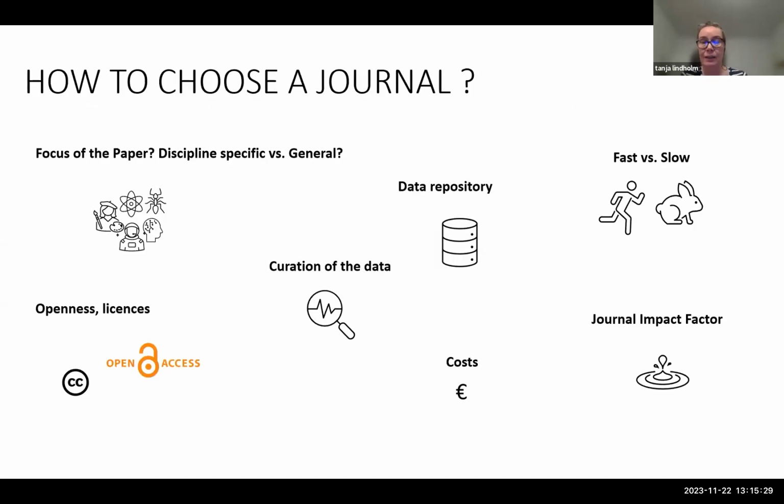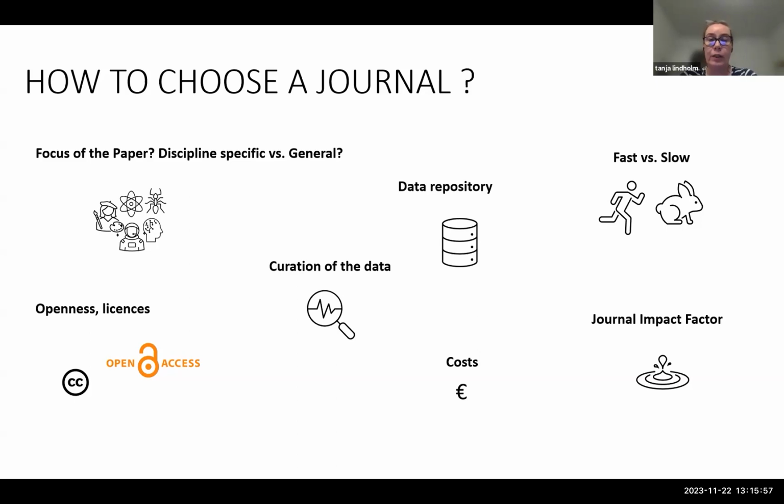And then I mentioned that we had this similar kind of event a couple of weeks ago, and I learned a lot from that. I think I understand a little bit better personally how I would choose a data journal.